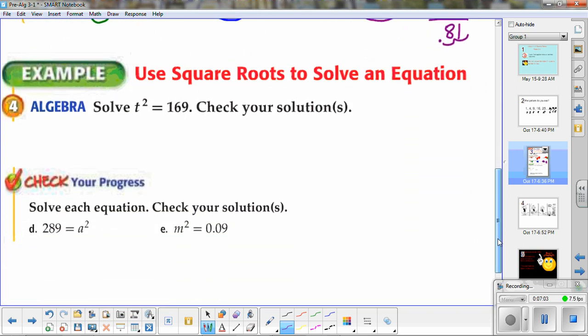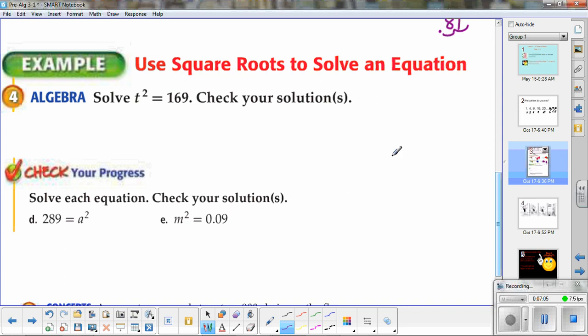Now the next thing we're going to do is use square roots to solve an equation. So it says solve t squared equals 169. Well, just like in our previous equation solving, we want to draw train tracks and we want to undo what's been done to the variable. Right now the variable's been squared.